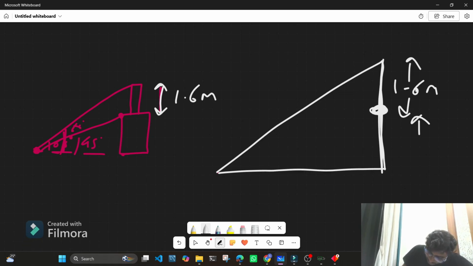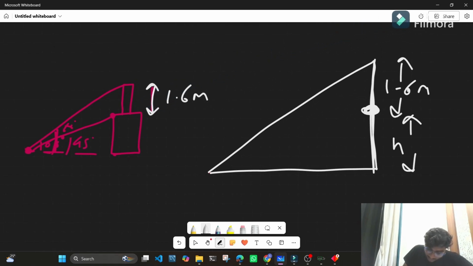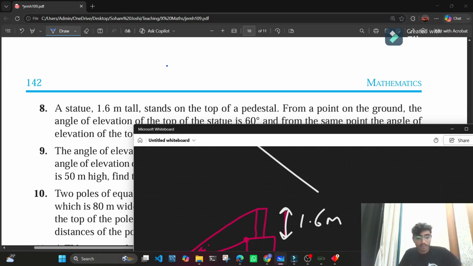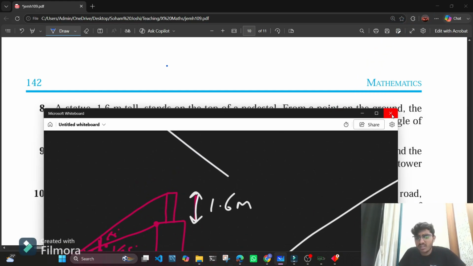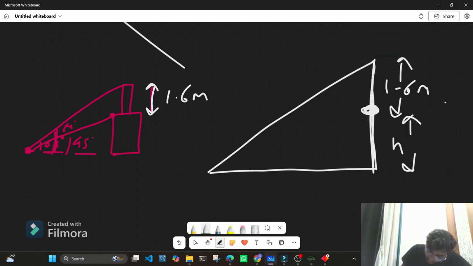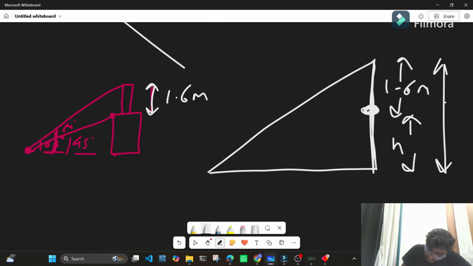Let's say the height of the pedestal is denoted by small h. And let us say the total height of the statue plus pedestal is denoted by capital H.